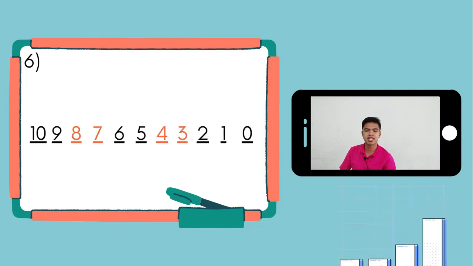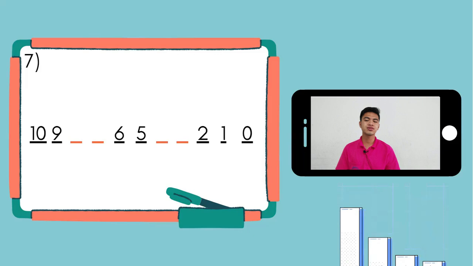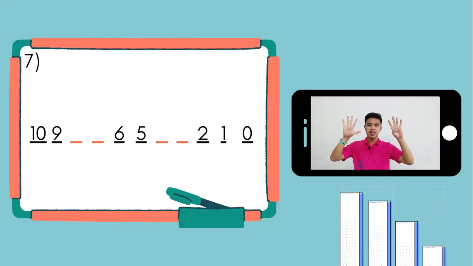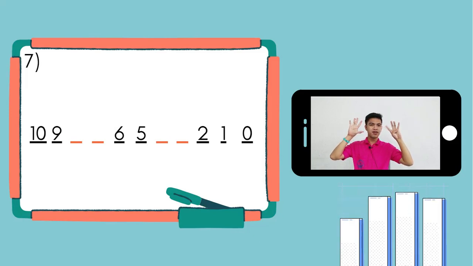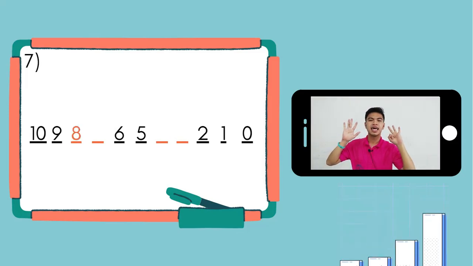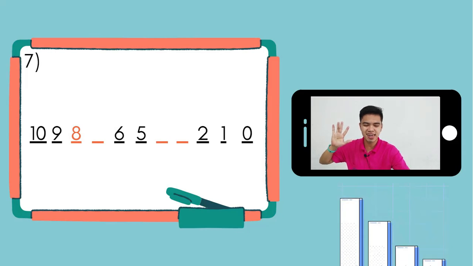And lastly, for the number 7. So for the last number, we will do like this. It will begin from 10, and then 9, and then what do you think is next to 9? Very good. We will put down one more finger, and it will be 8. And then let's put one more finger down, and it will become 7. Very good.